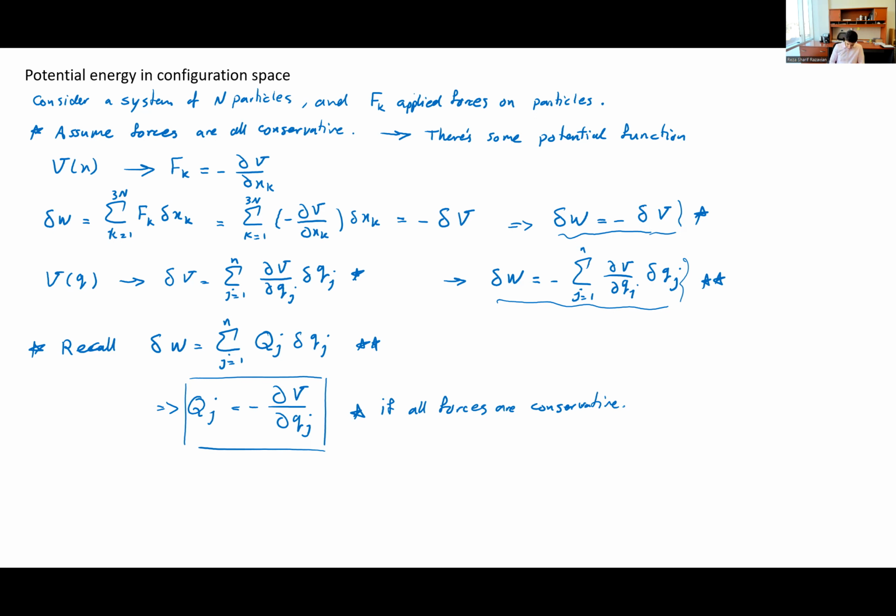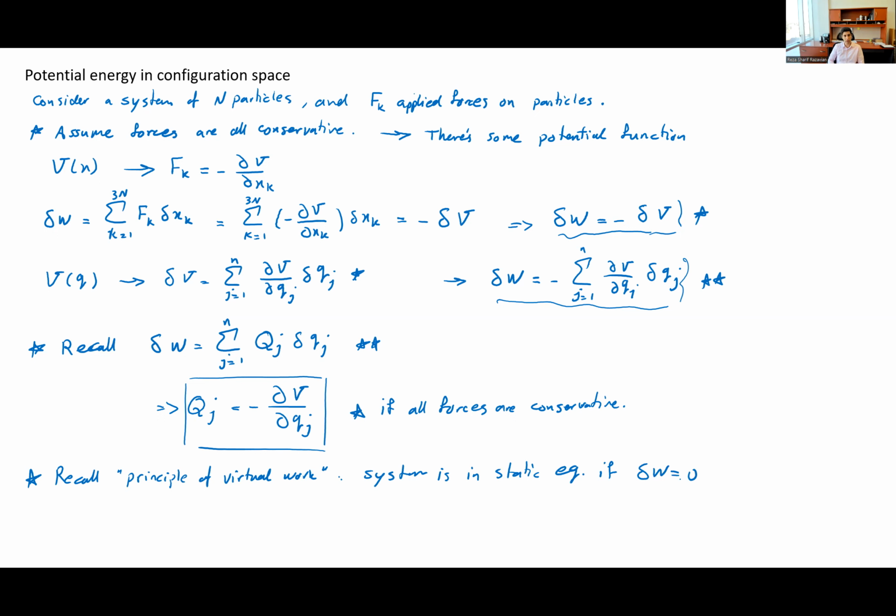And the last point here, also recall what we call the principle of virtual work. The system is in static equilibrium if δW was 0.